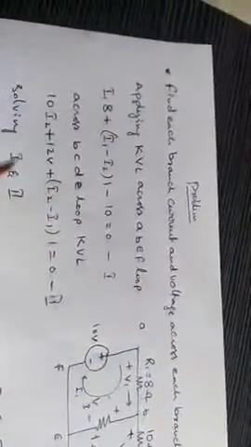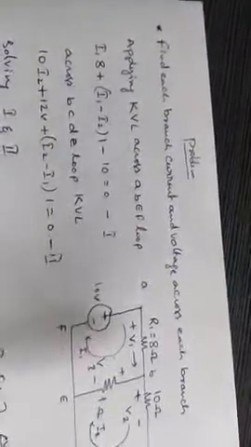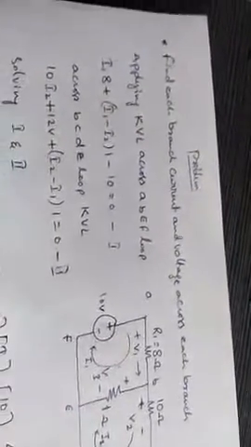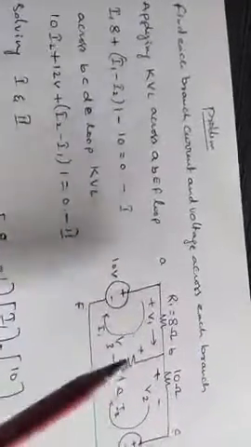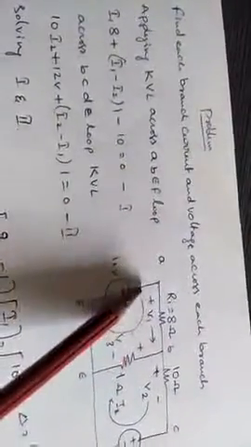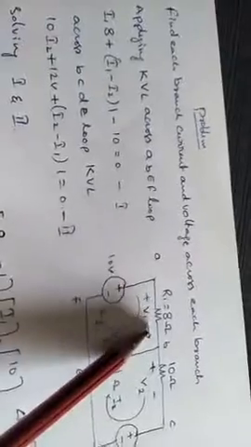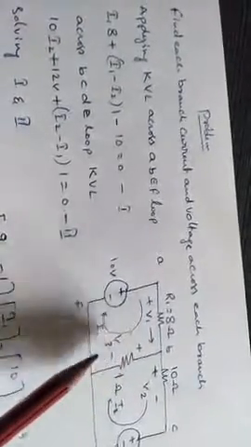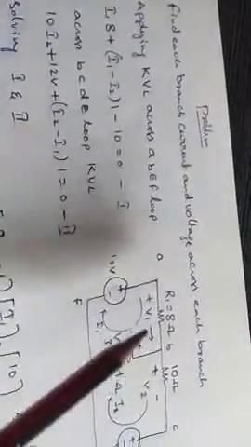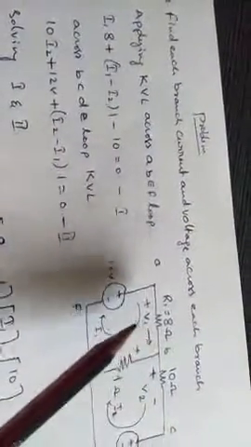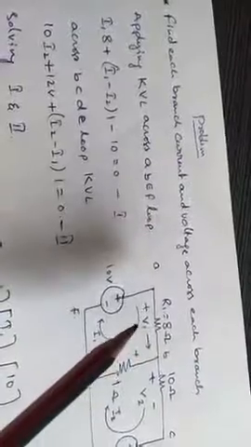By applying the KVL across AB, EF we have written. The current entering at A is taken as positive, leaving is negative. Now here 8 into I1, the resistance into current will give the voltage across V1.